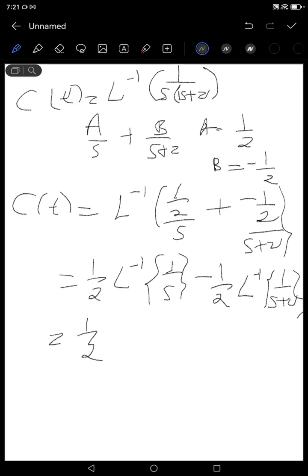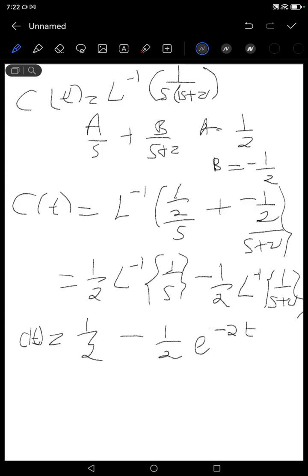Then the inverse Laplace of 1 over s plus 2 is negative 1 over 2 e to the power of negative 2t. So this is our response. When they say determine the response, this is what we do: we introduce the inverse Laplace.